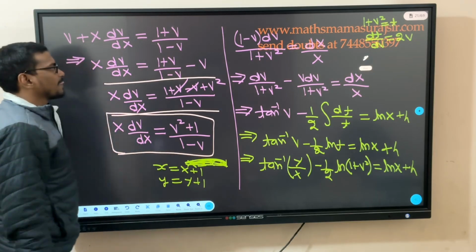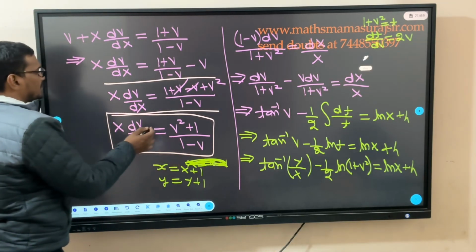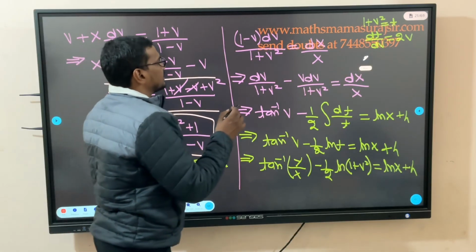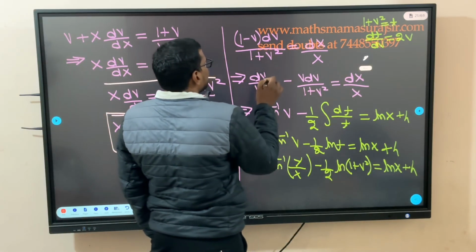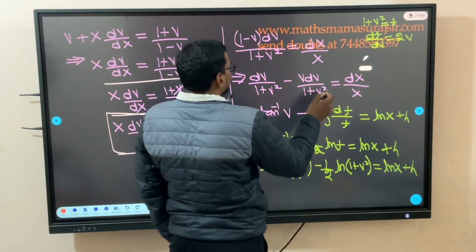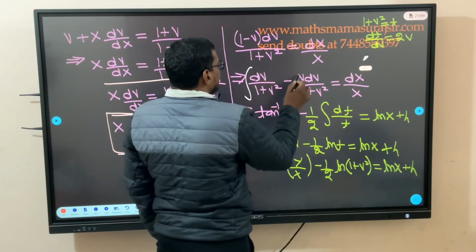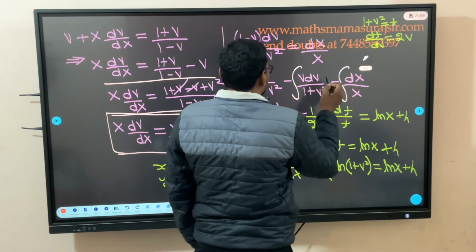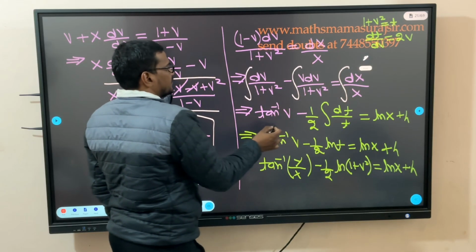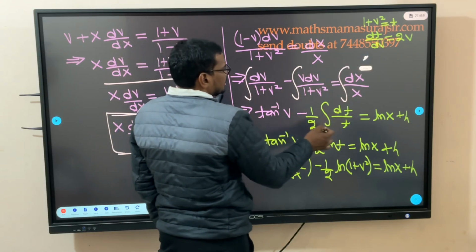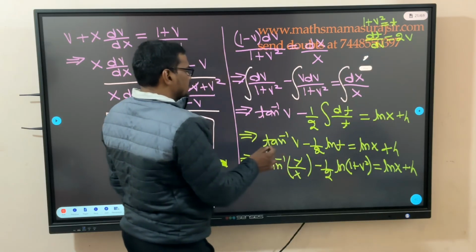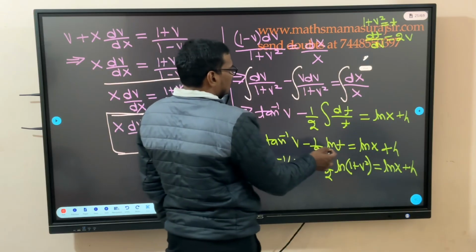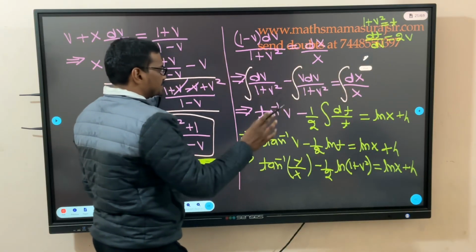Now, variable separable: (1 minus v) by (1 plus v square) dv equals dx by x. So dv by (1 plus v square) minus v dv by (1 plus v square). Integrate both sides. This integration is tan inverse v, this is t, this is dt by 2, and this is ln x plus lambda. So tan inverse v minus half ln t equals ln x plus lambda.